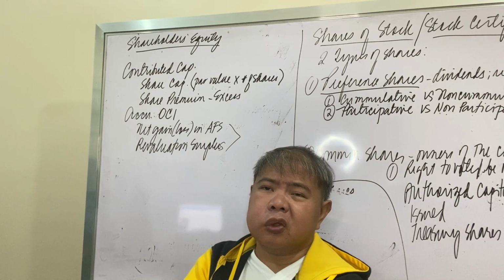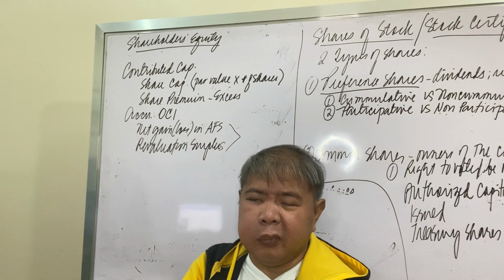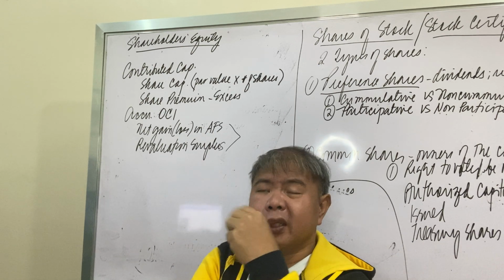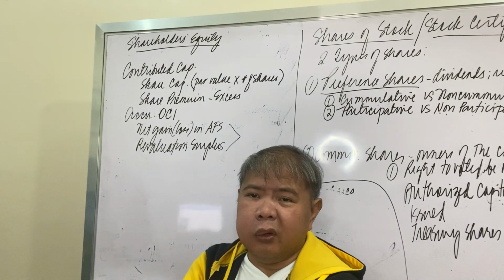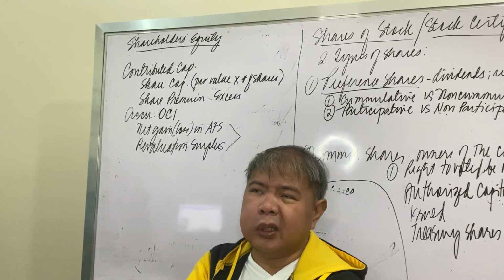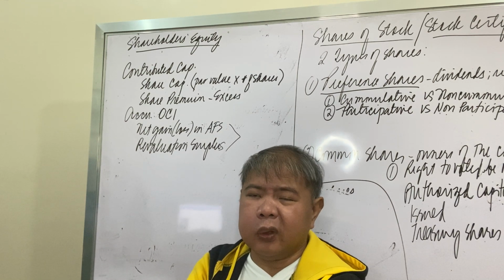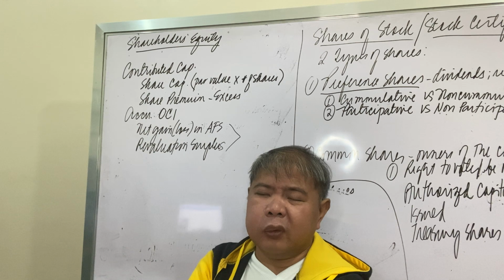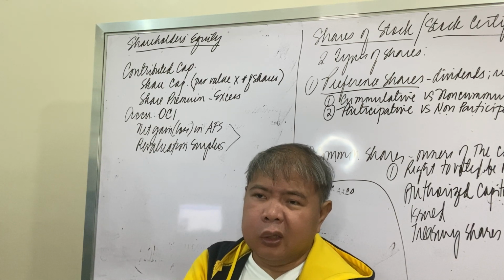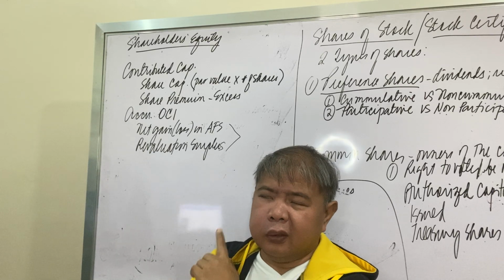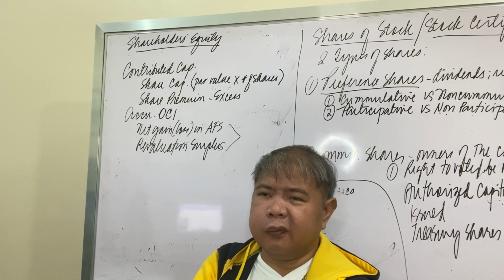Remember that the revaluation surplus can be realized by the company in two ways. Number one, they sell the asset, they realize the revaluation surplus. Number two is when they use the asset for operations, then gradually they realize a portion of the gain of the revaluation through usage of the asset.